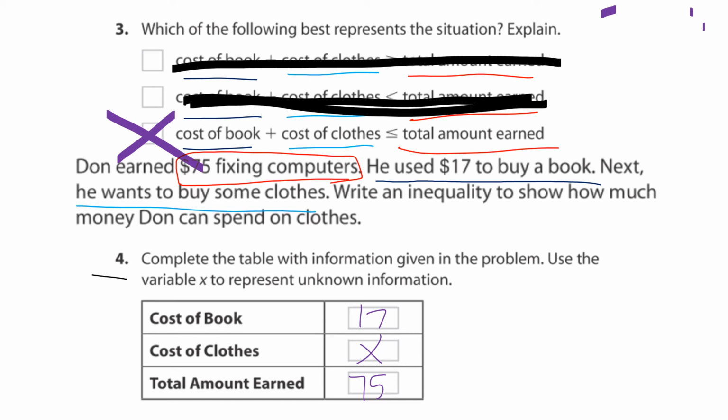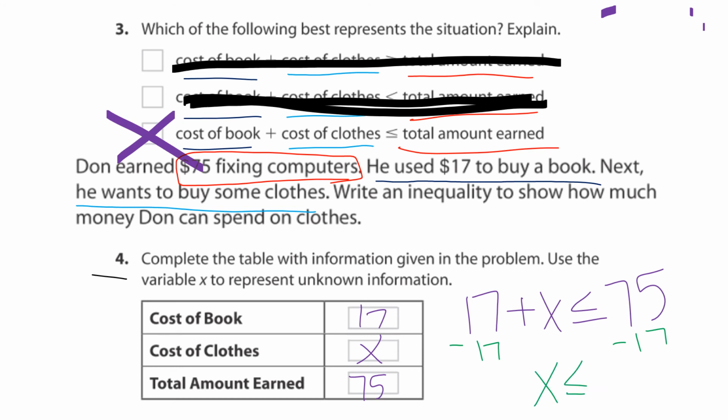So now, if we go back to number 3, we know the cost of the book, so $17, plus the cost of the clothes, x, has to be less than or equal to $75. Okay, let's solve it. We're going to subtract 17 from both sides. So x is less than or equal to, let's see, 75 minus 10 is 65. 65 minus 7 is 58.